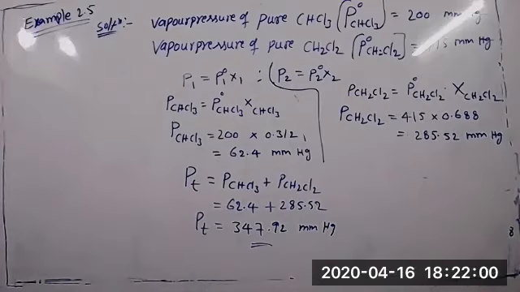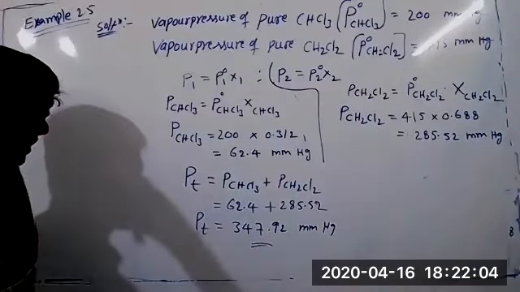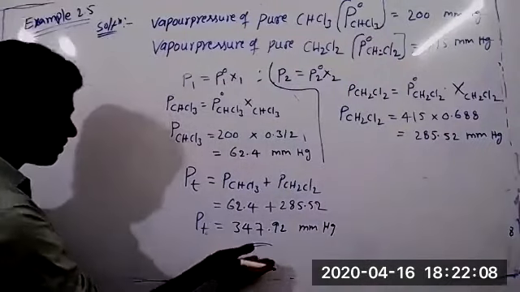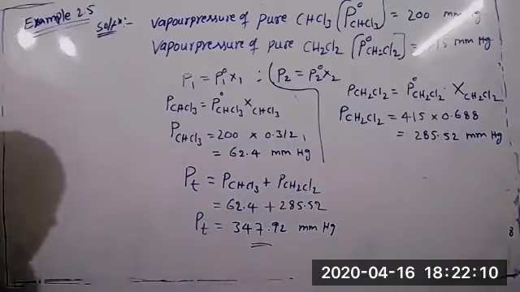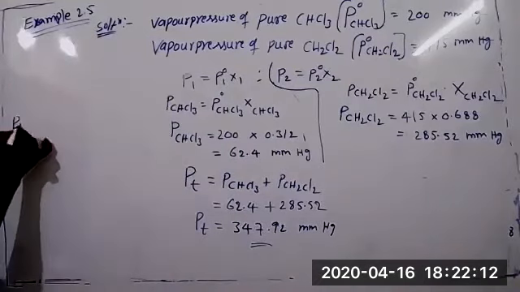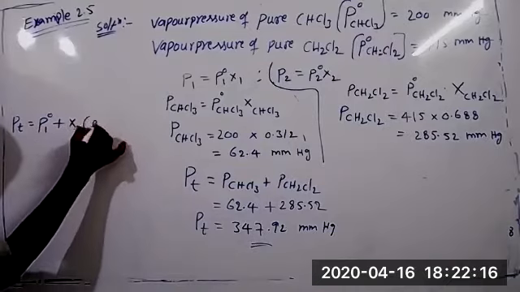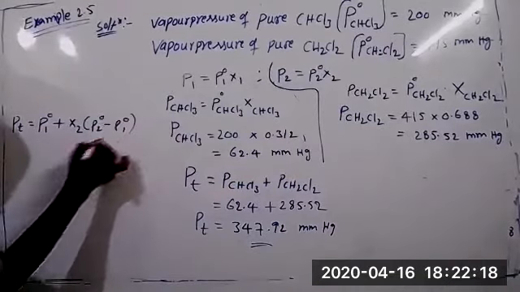Sir, can we use the formula and directly get it? Yes, you can use the direct formula also. That's also possible. See, P total is equal to P1 power 0 plus X2 into P2 power 0 minus P1 power 0.